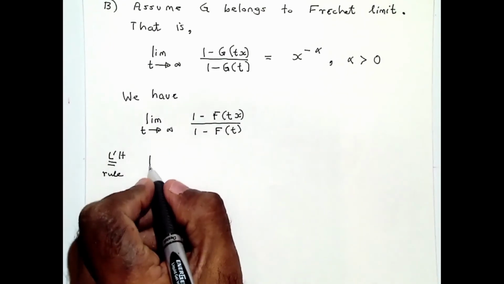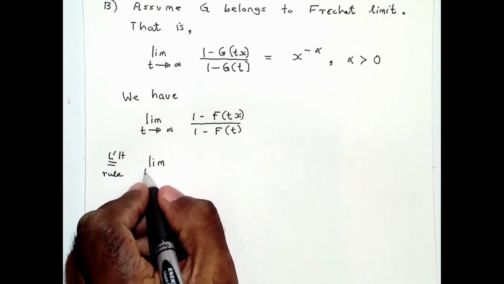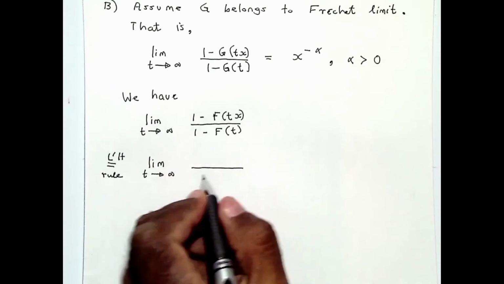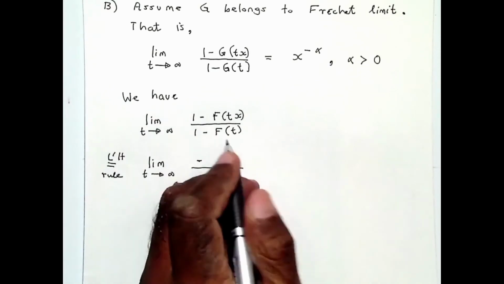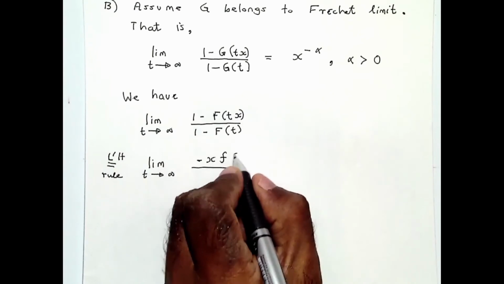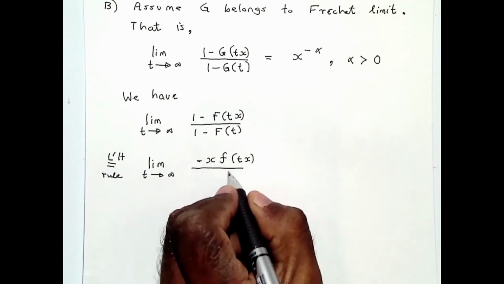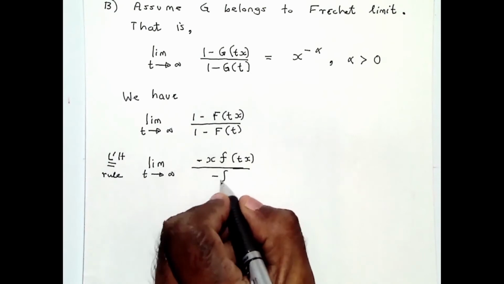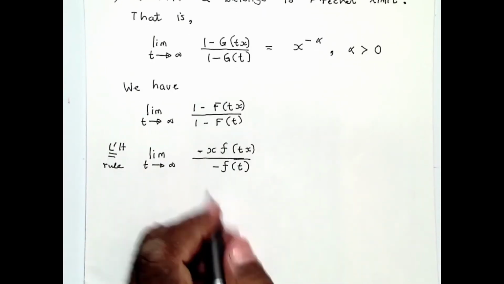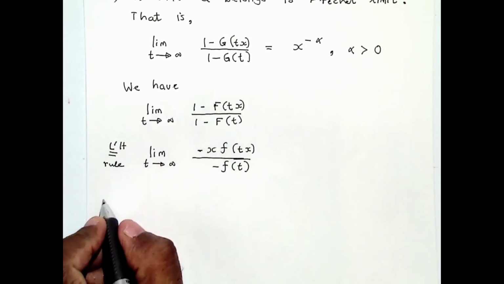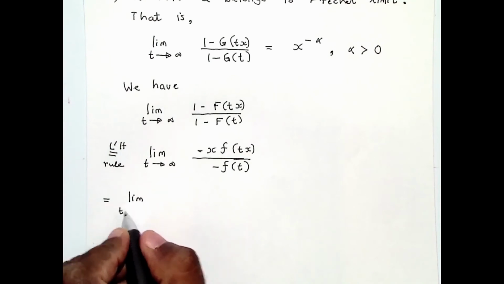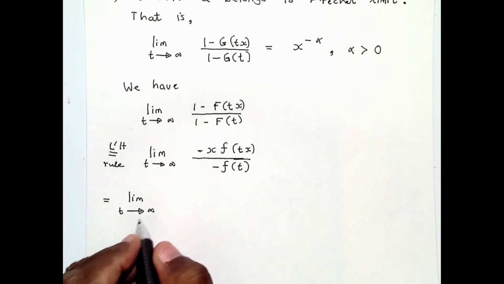Okay, so this is the limit, if you differentiate this with respect to t, you get x, okay, and the two minus signs cancel out, so you have the limit as t goes to infinity of.